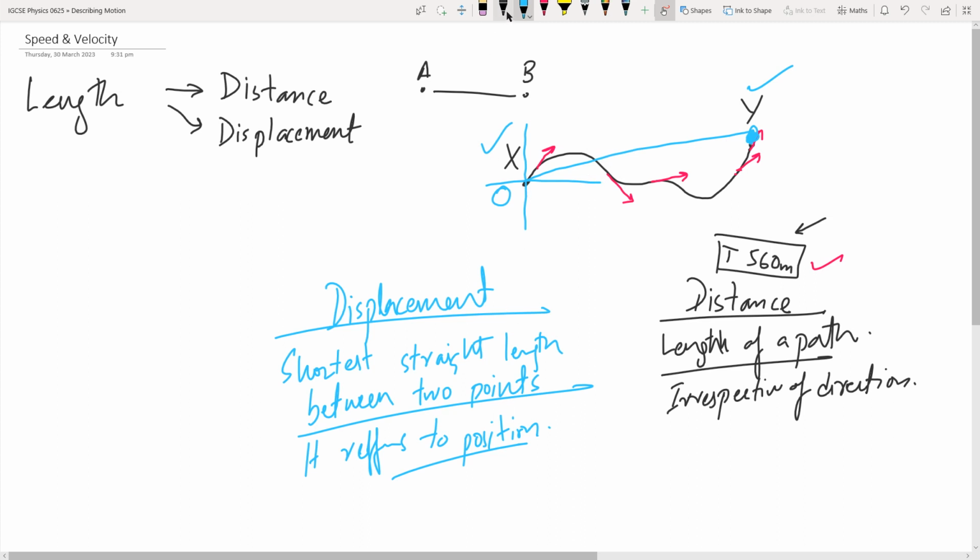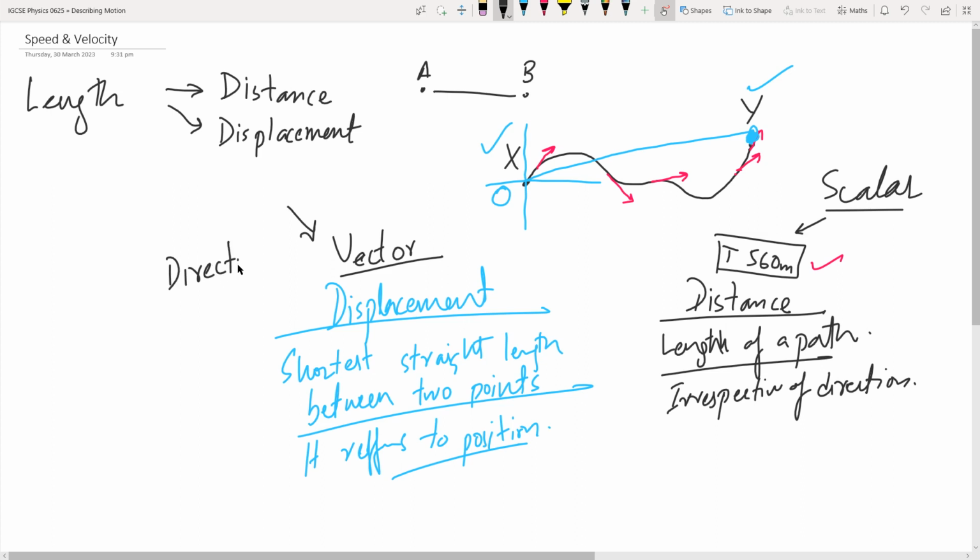So this is a brief of what these two are. So displacement is actually a vector quantity, right? And distance is what we call a scalar, right? Now we're supposed to be discussing vectors and scalars in the subsequent units of force, where vectors and scalars are considered as a last topic in IGCSE, but I would like to give you a little bit of a hint of vectors and scalars in this unit. Vectors are those quantities which are direction dependent, right?